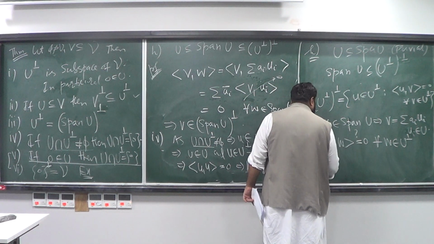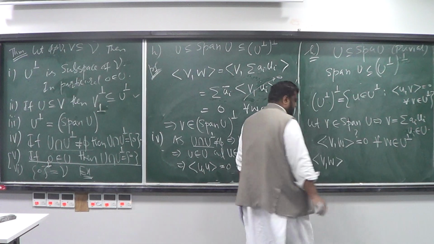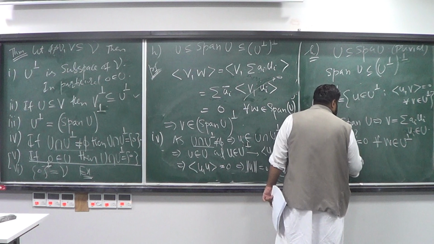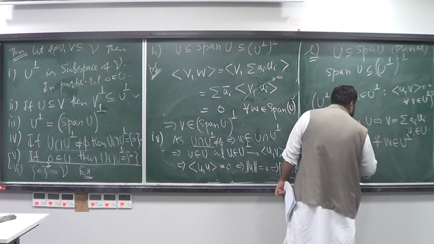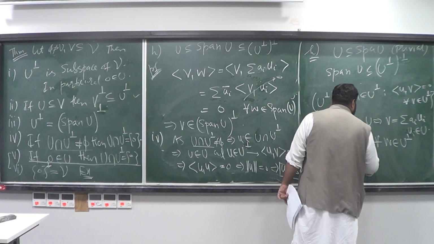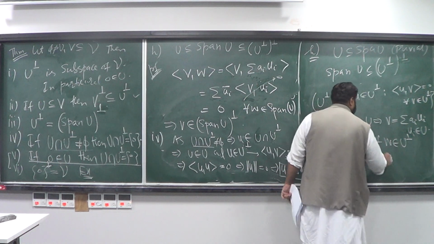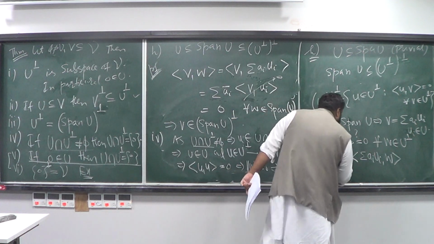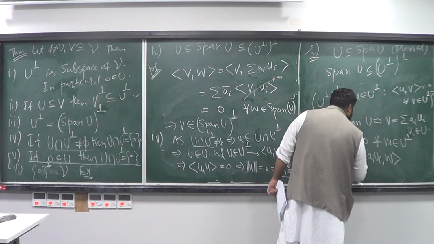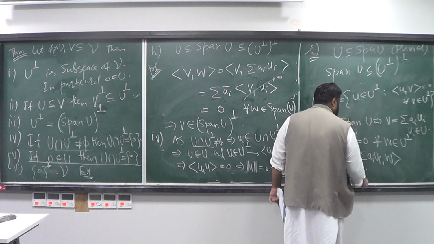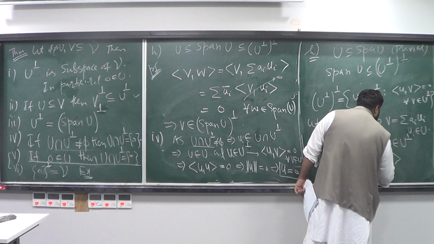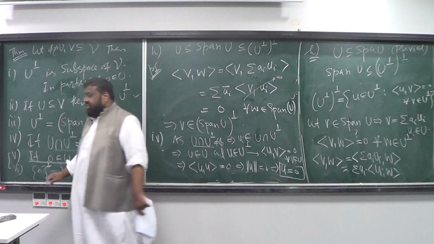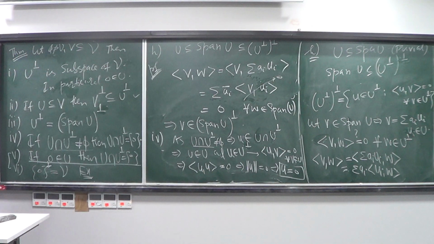Let's compute the inner product of V with W. So if you compute the inner product of V with W, this would be the inner product of the sum of a_i u_i with W. I can write this sum as the sum of a_i times the inner product of u_i with W. Now tell me, what is the inner product of u_i with W?